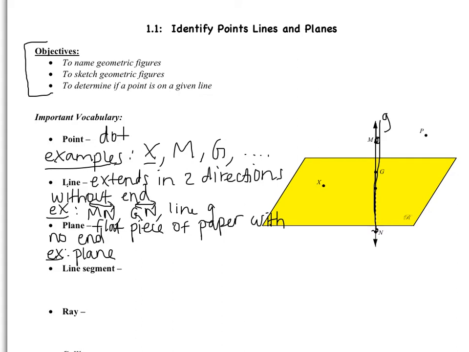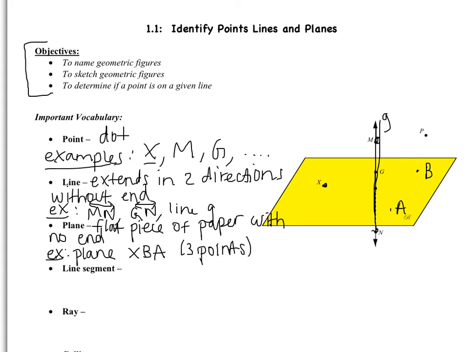So in this example, X is on the plane. I need to put 2 more points. B is on the plane, and A is on the plane. So add those 2 points to your plane, and then we would say plane XBA. Order doesn't matter. You can say ABX, BAX, BXA, as long as you choose 3 points. So I'm going to put that in parentheses. 3 points. So 2 points is for a line, 3 points is for a plane.